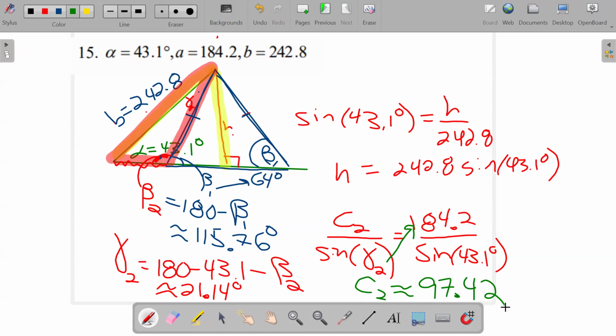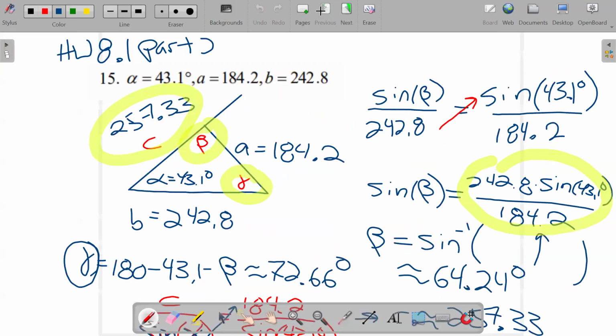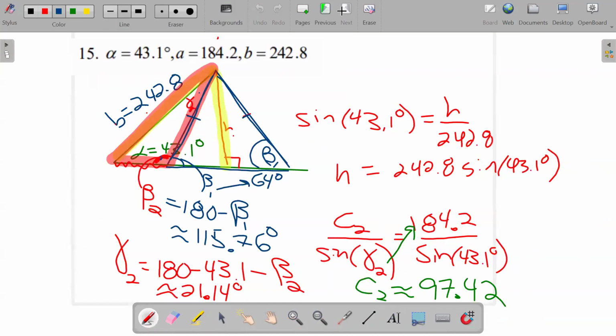It's rough, but not as rough as my first try. My previous answer for C was 257.3. So if this side here is 257.3, it seems reasonable that that's around 100 in my rough sketch.